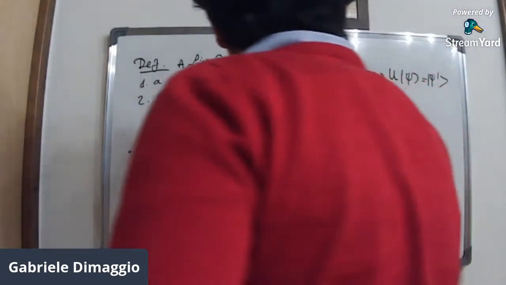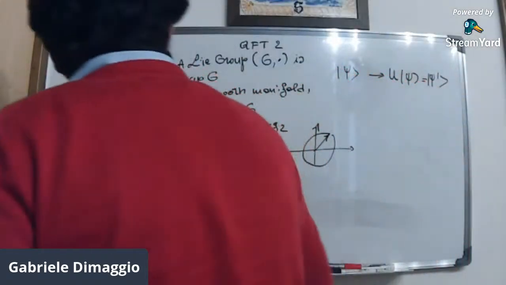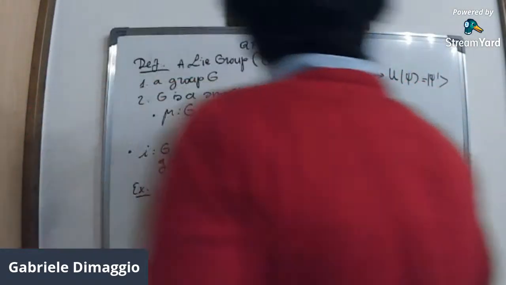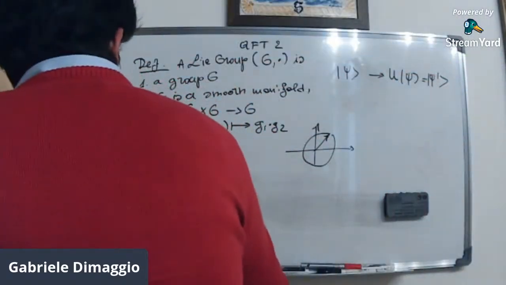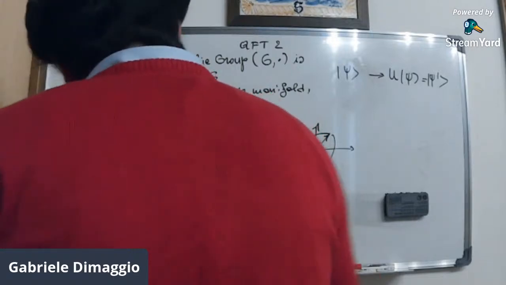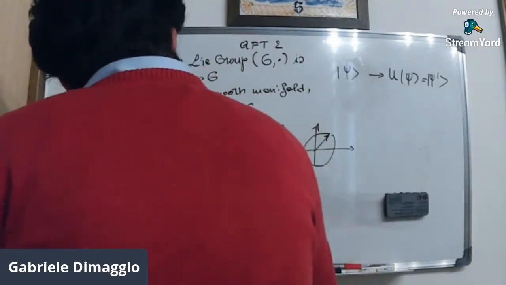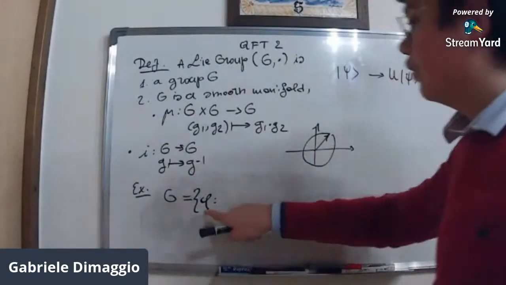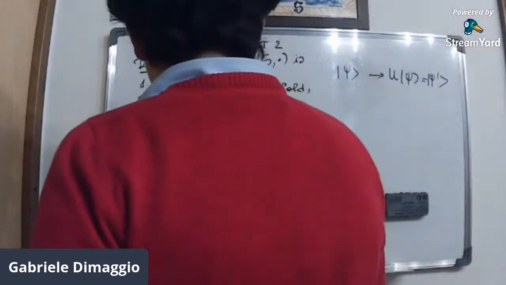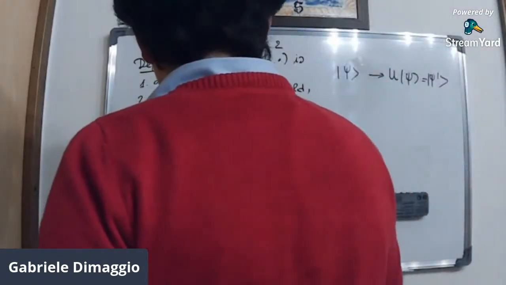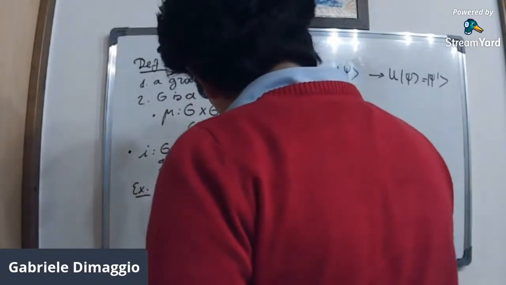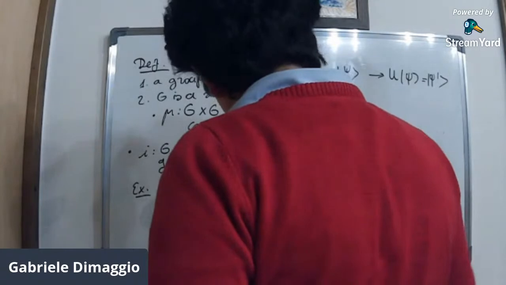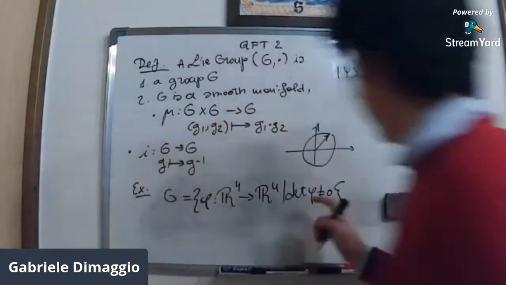Now, so this group is called the general linear group. General linear group. And so I have G is equal to the set of every function phi of this kind, such that the determinant of phi isn't equal to 0.